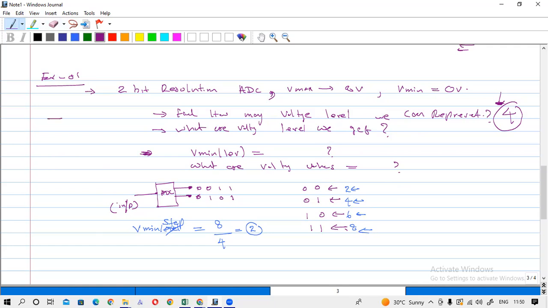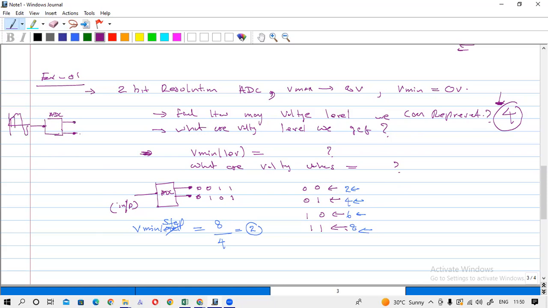So we have an ADC, and the input is serial, and at the output we have 2 pins. Let's say that you are sending a signal like this. First you have to sample this signal.